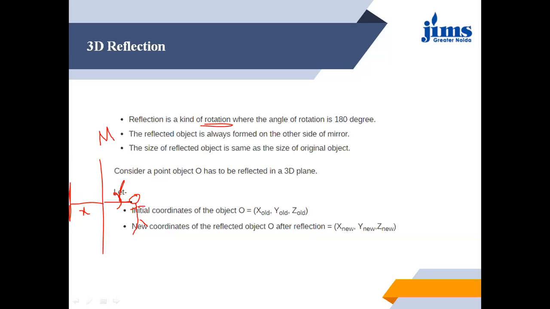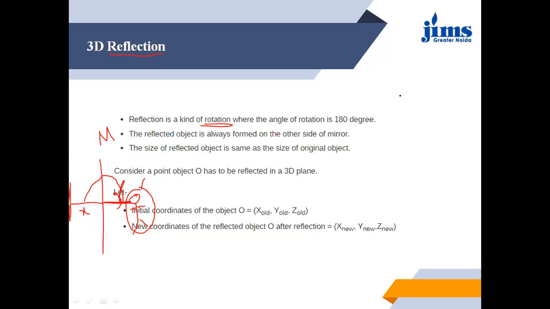So when we are doing reflection, the size of the object remains the same, as well as the distance from the axis, but the coordinate system changes.